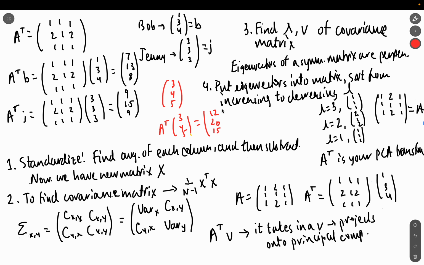All we have to do is take some sort of distance measure. This is not 1.5, this is 15, by the way. You can probably see that this is much closer to this vector than it is to that vector.